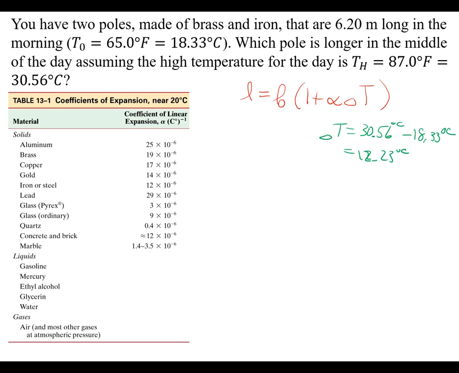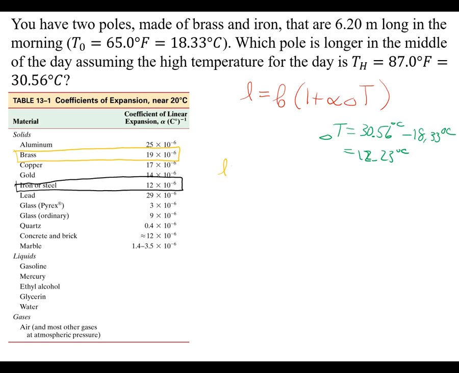All right, so we are going to be dealing with two substances. One is brass, which I will mark right here, and the other is iron, which you see right here. Okay, let's deal with the brass first.